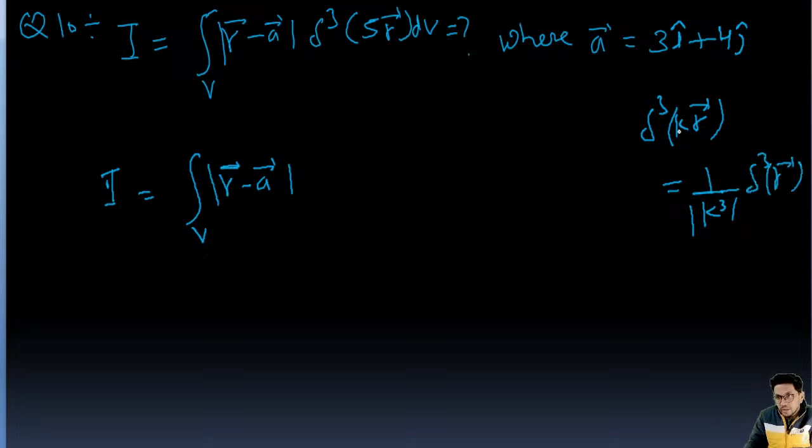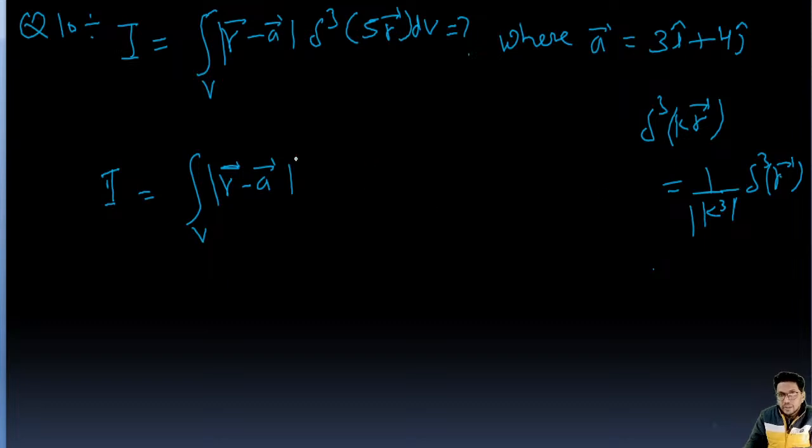Okay, so taking this constant outside, we use this property. If it is just del, then del kr, as I have already mentioned, is 1 upon k del r. Okay, this is for x, which I have already mentioned. If it's del cube, then it is going to be 1 upon mod of k cube del cube r vector.